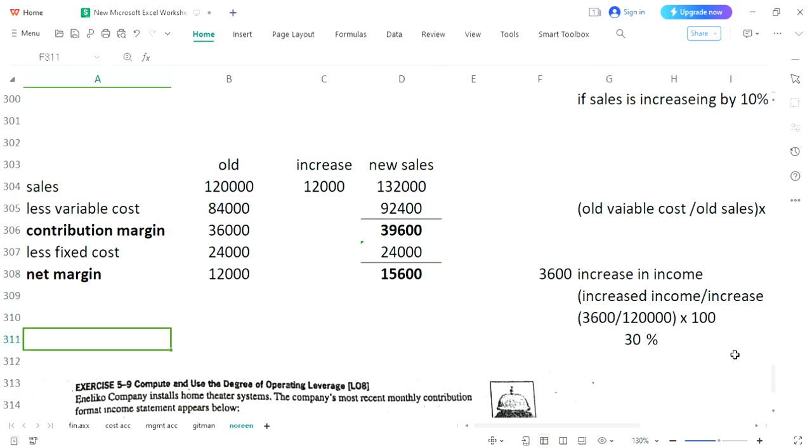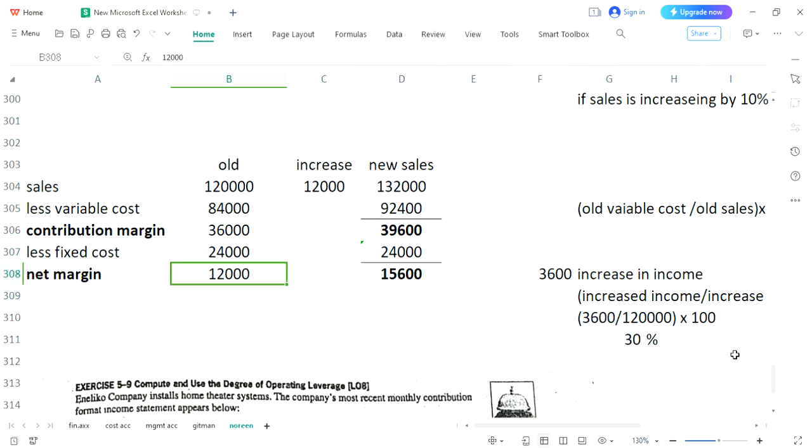We can see that from 12,000 to 15,600 profit has been increased by 3,600 by increasing what? 12,000. So we have divided 3,600 by 12,000 increase. Please keep it in mind, both ways we have used the word increase.